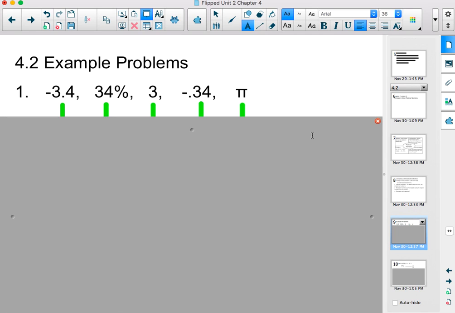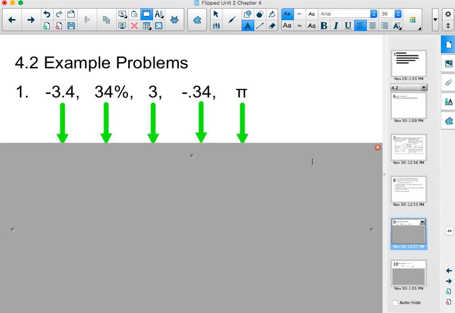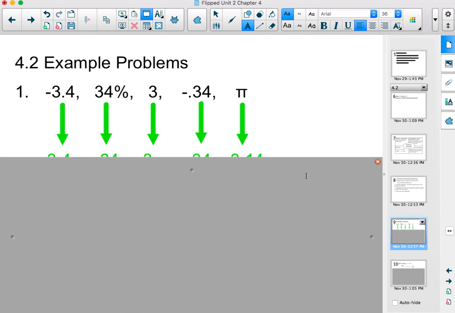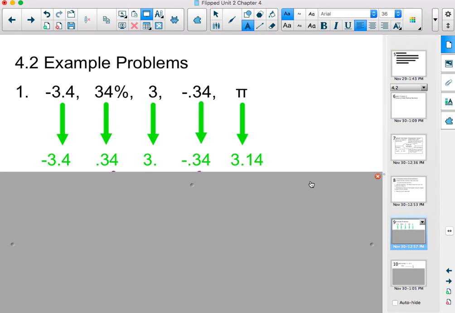Well, to get this done, the first thing I want to do is change each of my numbers into decimal form. And I'm going to do that right here for you. -3 4/10 is already a decimal. We're going to use D2P to make 34% a decimal. 3 is a whole number.